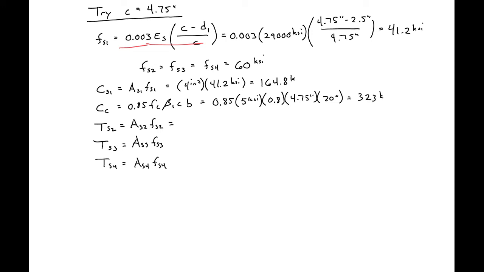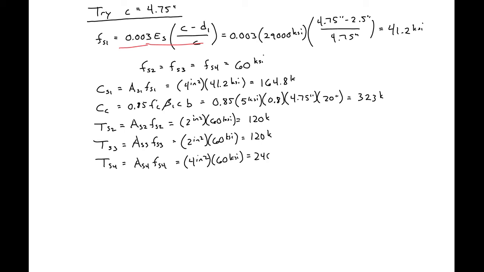Then all these will be the same as last time, but 2 square inches yielded, 120 kips, 2 square inches yielded, 120 kips, and 4 square inches yielded, 240 kips.